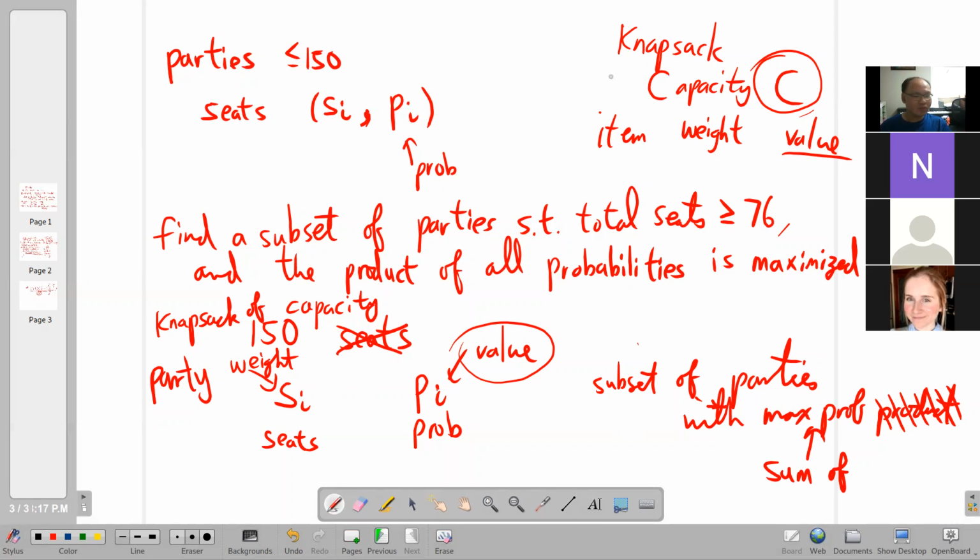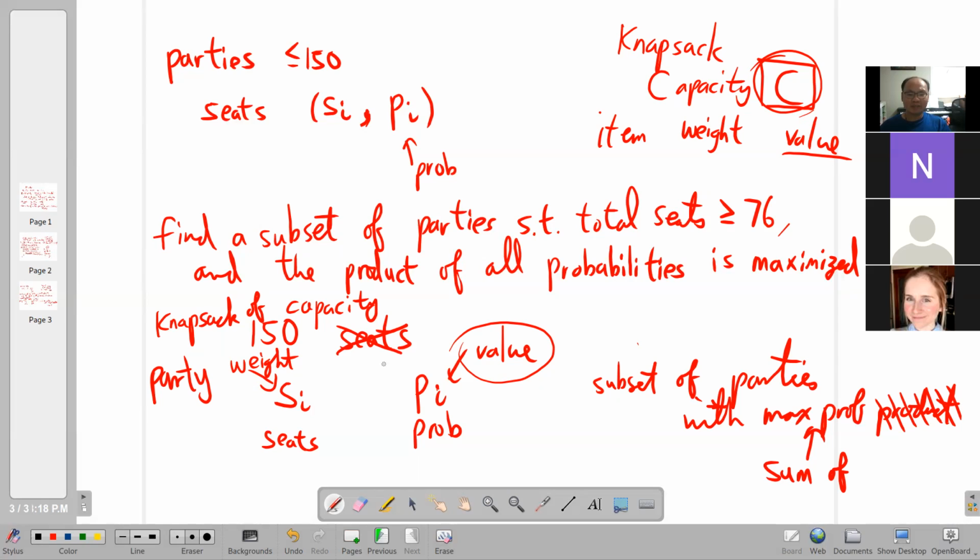Now, why do I bring this up? Because when you look at the dynamic programming solution for the knapsack problem, you don't just compute the best possible answer to hit exactly this capacity. You compute the best possible answer assuming the capacity is 1, 2, 3, 4, 5, all the way up to C. So in this particular case, you're going to look at the best possible ways to have a bunch of parties sum up to exactly 1 seat, 2 seats, 3 seats, all the way up to 150.